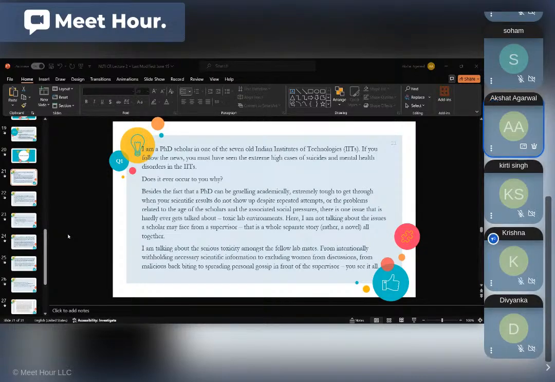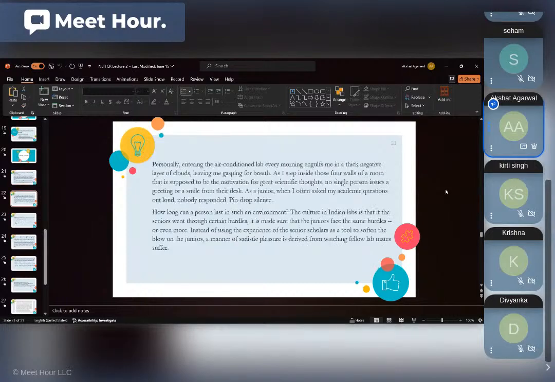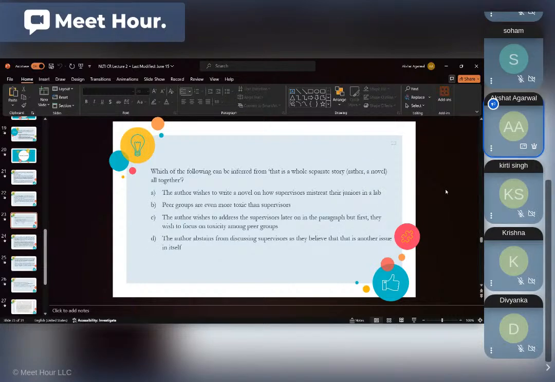Great. So just focus on this line. I'll change the slide in a bit. I've changed the slide. This is basically the same passage, and this is the question. I hope the question will appear in a moment. Can you see the question, everyone?